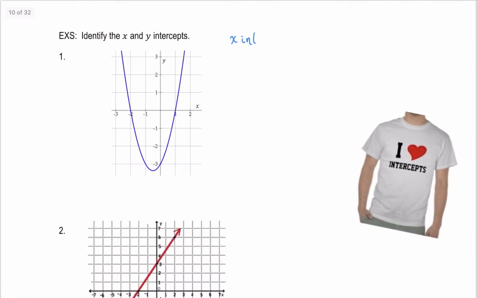Okay, so let's take a look at the x, and if you notice on this example, there are two places where the x-axis gets crossed.